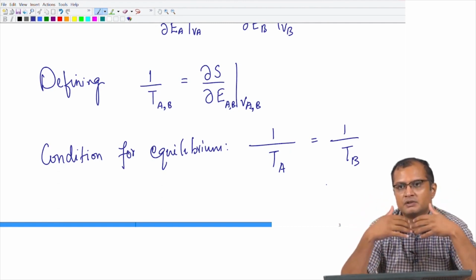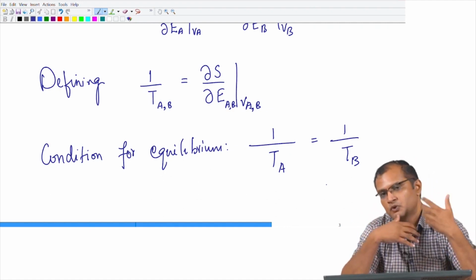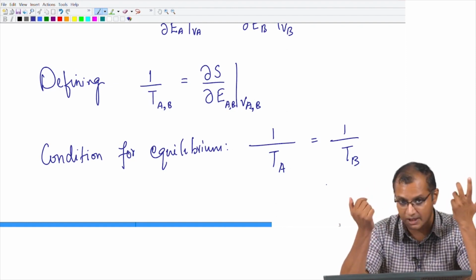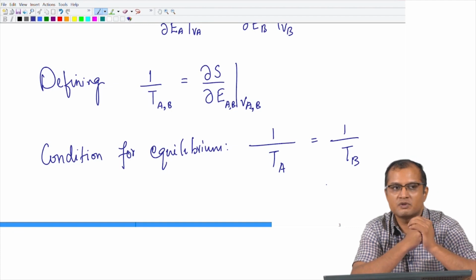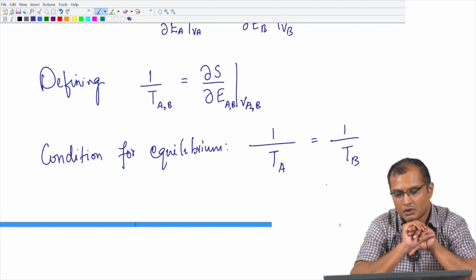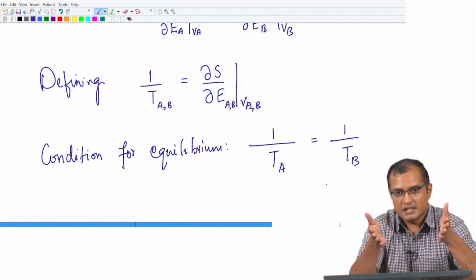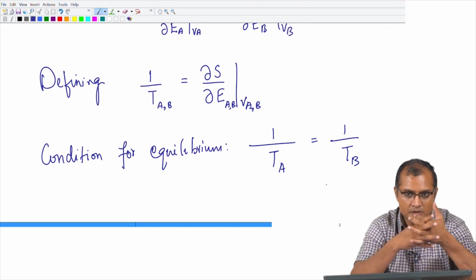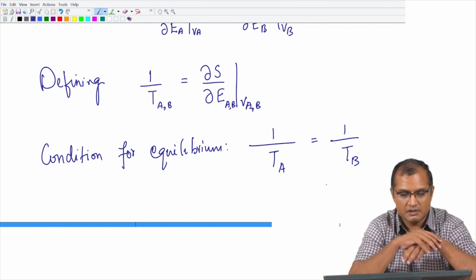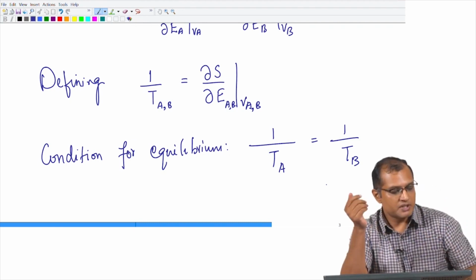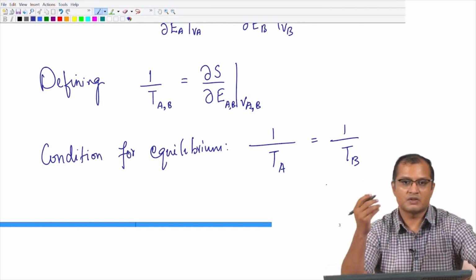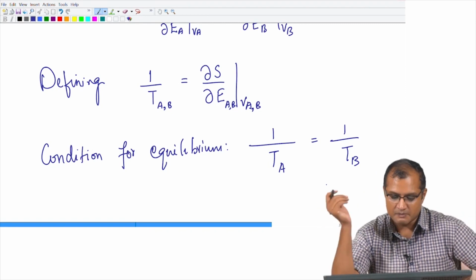The moment you reach equilibrium, after an hour or 2 hours or 10 hours, whatever be the case, when you compute the change in entropy, you will see that there is absolutely no change, because any energy exchanged across these two systems at equilibrium is a reversible process, and you take the entropy change to be 0. And this would be the condition of thermodynamic equilibrium between the systems A and B.